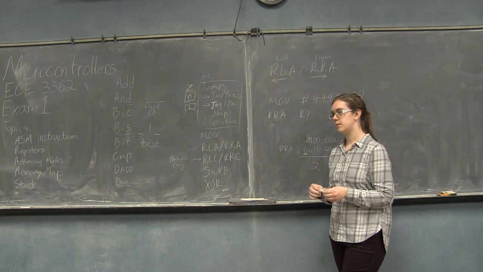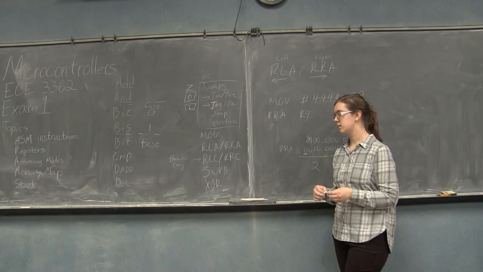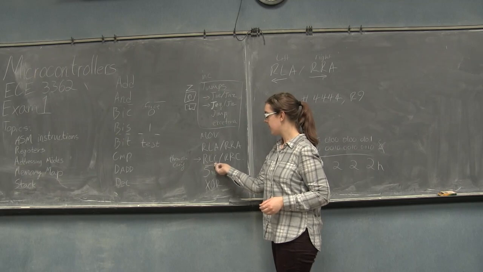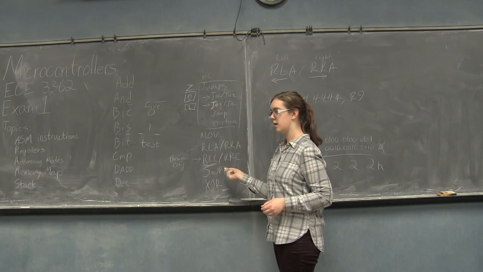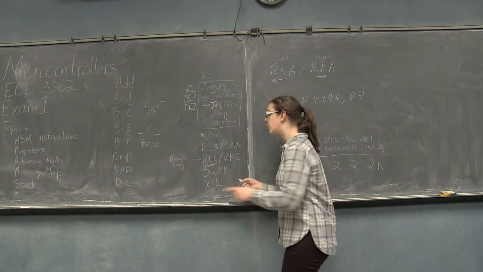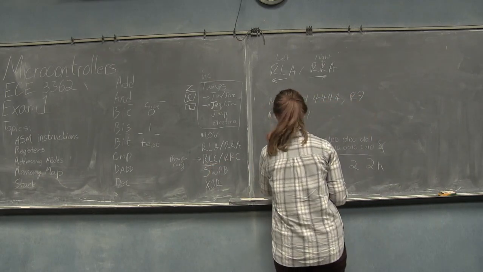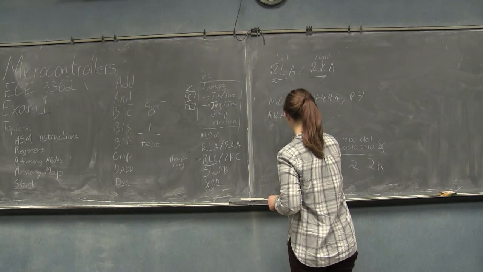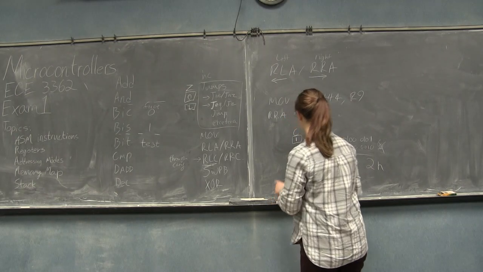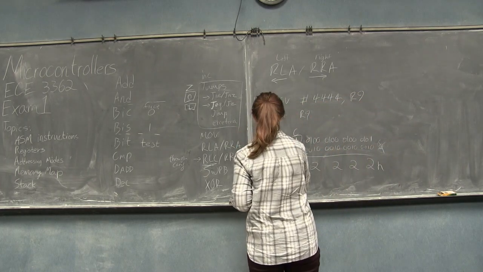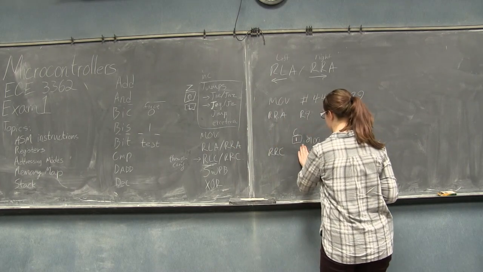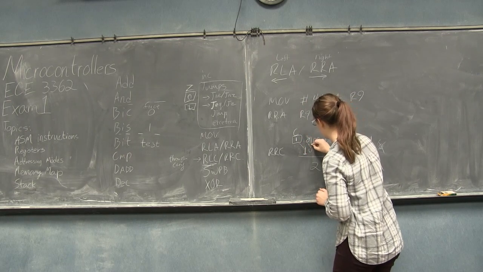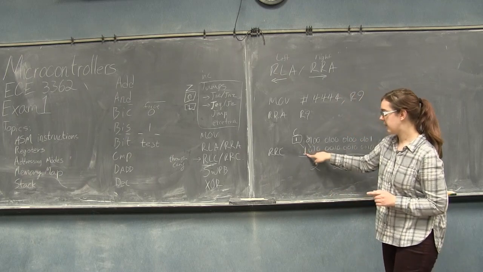Okay, so RLC rotates through the C, like the 1, and it goes all the way around. Yeah. No, it doesn't carry, it rotates through C. So instead of having 16 bits, you would have 17 bits with another C. And so like if this is a 1, and you would rotate right through carry, this one would be added on.